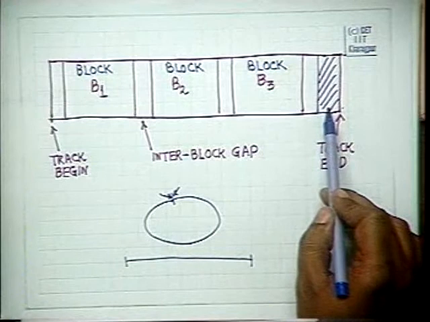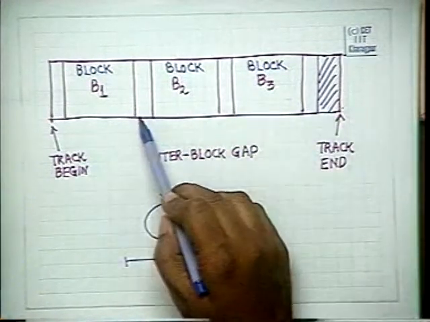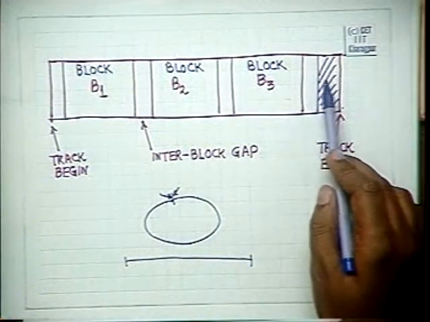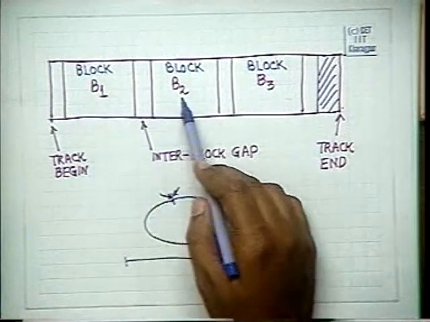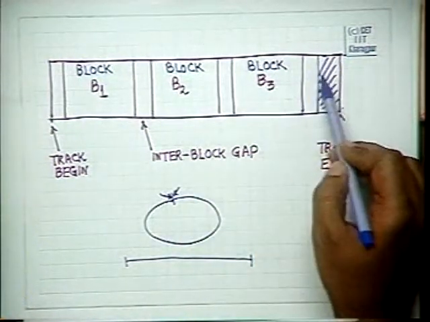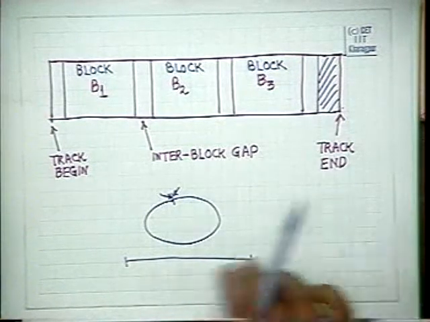There may be a loss of space or storage because of the inter-block gap, which is necessary, but if the unit of a block and that of a track differ, then there may be a reasonable amount of wastage. So this is some wastage which has to be accepted.